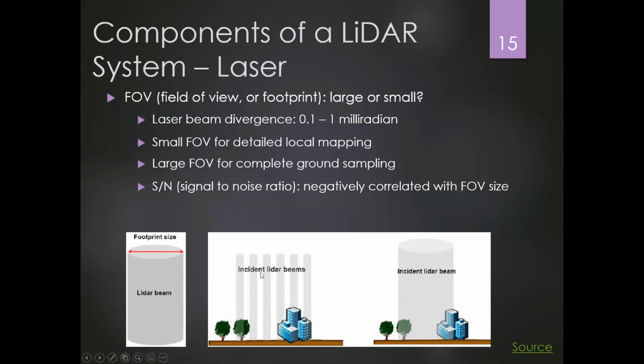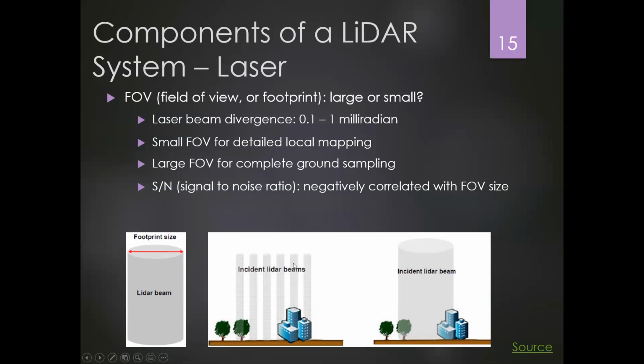And we want a larger SN value because SN value is the ratio between signal and noise. We want stronger signal and weaker noise. When the signal is strong and noise is less, we have larger SN value. So smaller laser beams also provide better SN value, or you can say larger SN value.